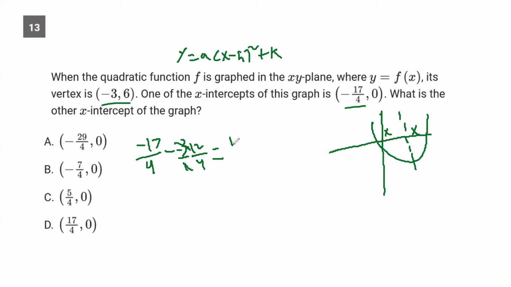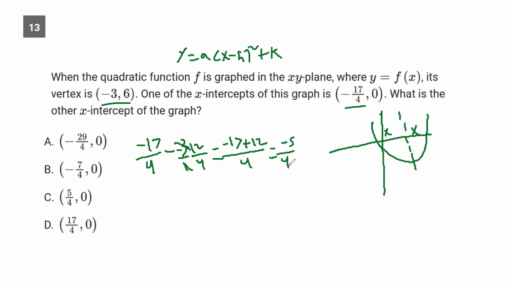So you have negative 17 plus 12 over 4. You get negative 5 over 4, right? So it's 5 over 4 less than the vertex.